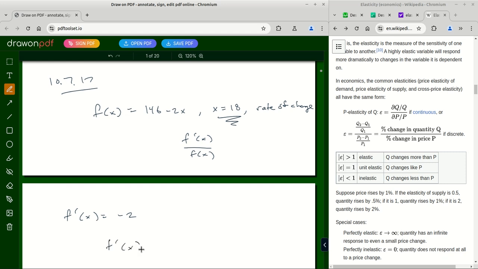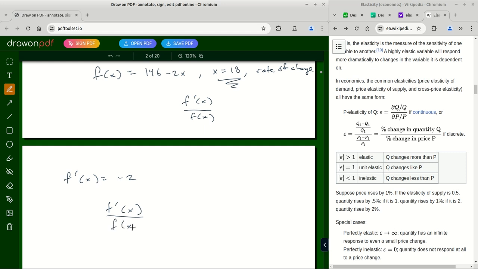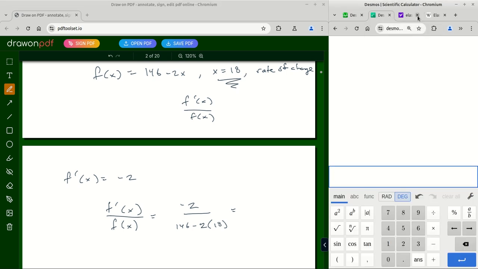F prime divided by my regular f is equal to negative 2, and then I got the 146 minus 2 times x. Well, x again is 18, so I can plug it in right there. And so I do the math, and you want me to pull up some Desmos on this.